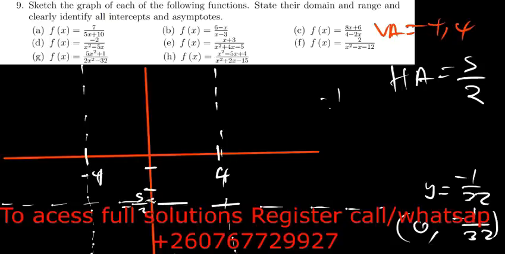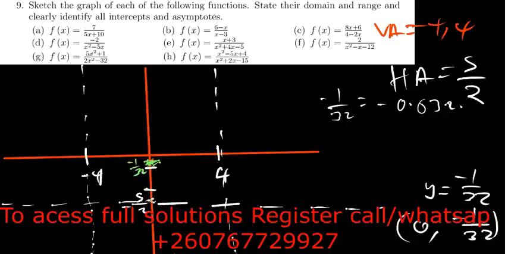Negative 1 over 32 is approximately negative 0.032, somewhere there, which is just near this point here. You just approximate to say this point is our negative 1 over 32.